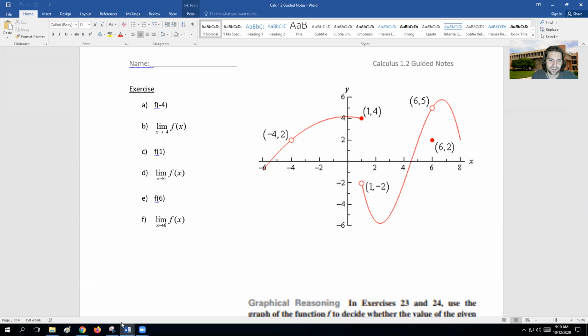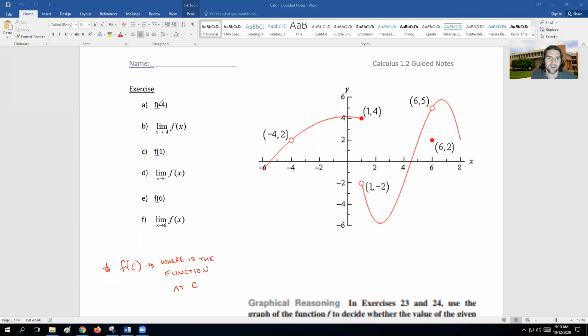A good note to put here is to make sure we understand the difference between what f of a number is and the limit as x approaches that number. So maybe you might want to put some notes here and say f of c is basically asking where is the graph, or where is the function, at c?